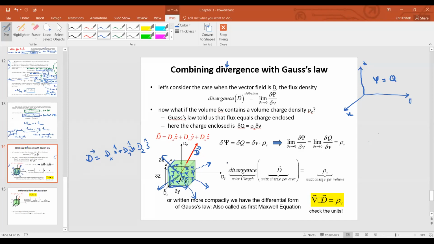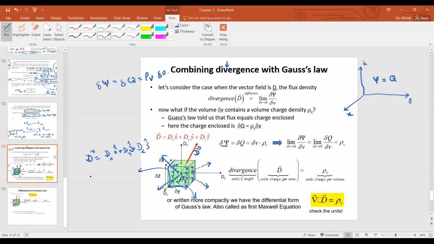So psi, as was known, equals charge, so differential psi equals differential charge, which equals the volume charge density rho v times the differential volume.